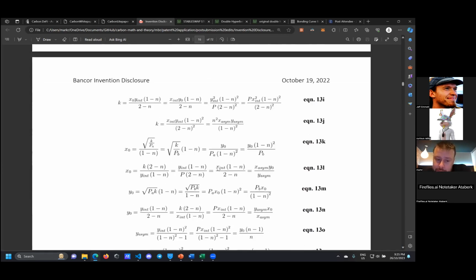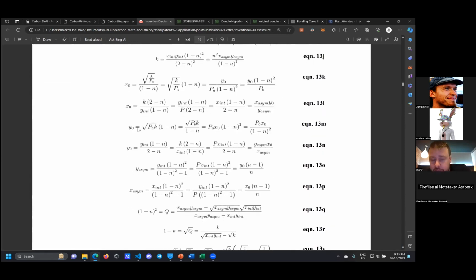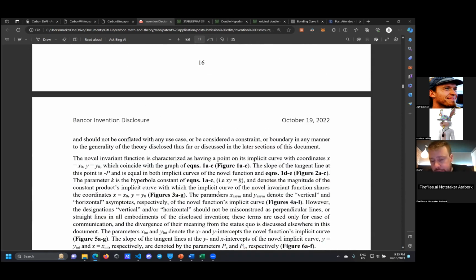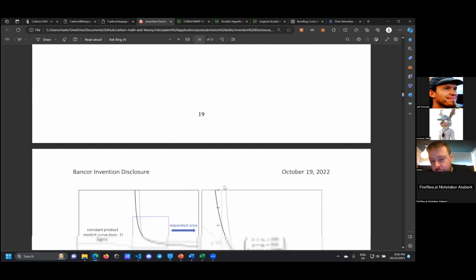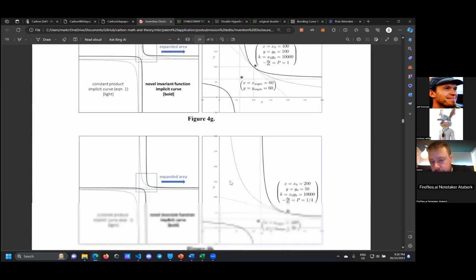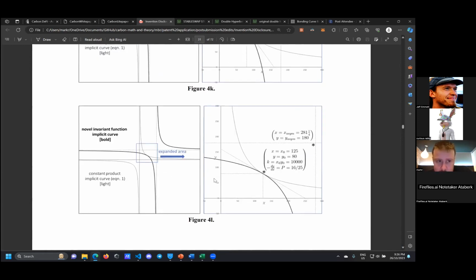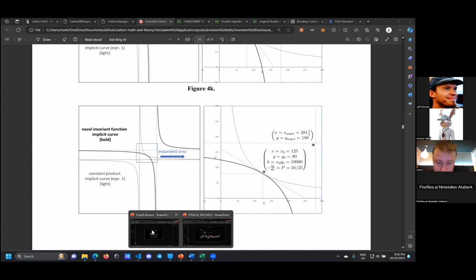So for example, the y0 coordinate can be expressed in terms of PA, excuse me, the hyperbolic constant and the amplification coefficient. So if you really wanted to get deep into concentrated liquidity expressions, the invention disclosure is one of the best resources available for doing that.